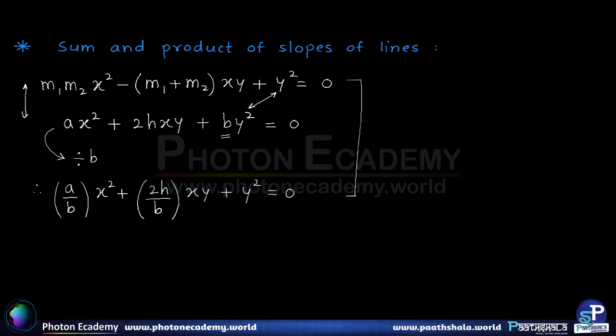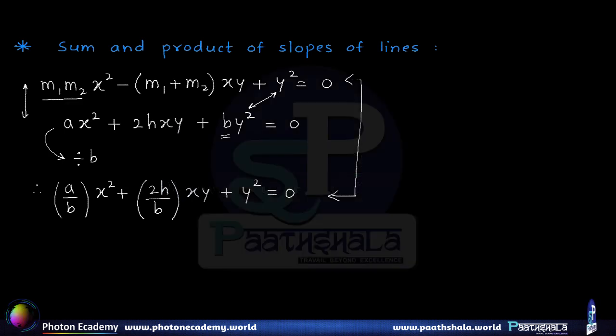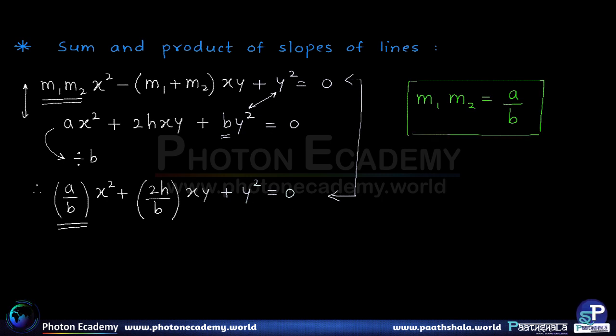Now if we compare the first and the last equation, then by equating the corresponding coefficients, we will get the first result: the product of the slopes, that is m1 m2, turns out to be equal to a upon b. And the sum of slopes, that is m1 plus m2, will be equal to negative of 2h upon b, because in the first equation the middle sign is minus.